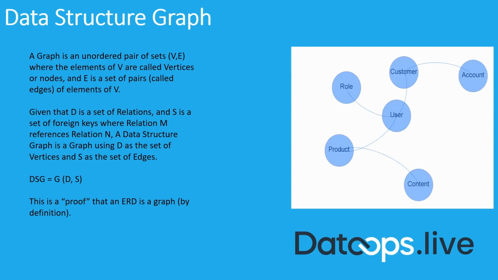The vertices in this case are tables, and E is the set of pairs, called edges, of elements of V. So the lines here are foreign keys, and the dots are the tables. By following this with a little bit of rigor, this is actually a proof, or could be considered a proof, that an entity relationship diagram is a graph by definition.